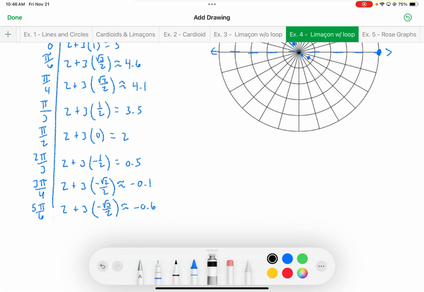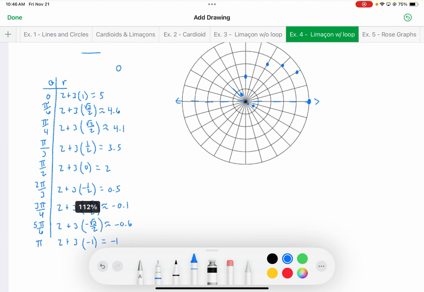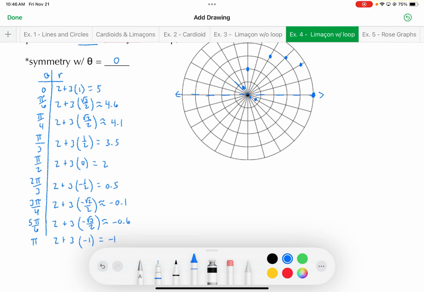And then the last value I'll use is pi. That'll give me 2 plus 3 times cosine of pi, which is negative 1. So this ends up being negative 1. If I plot negative 1 at pi, that's going to put me right there.